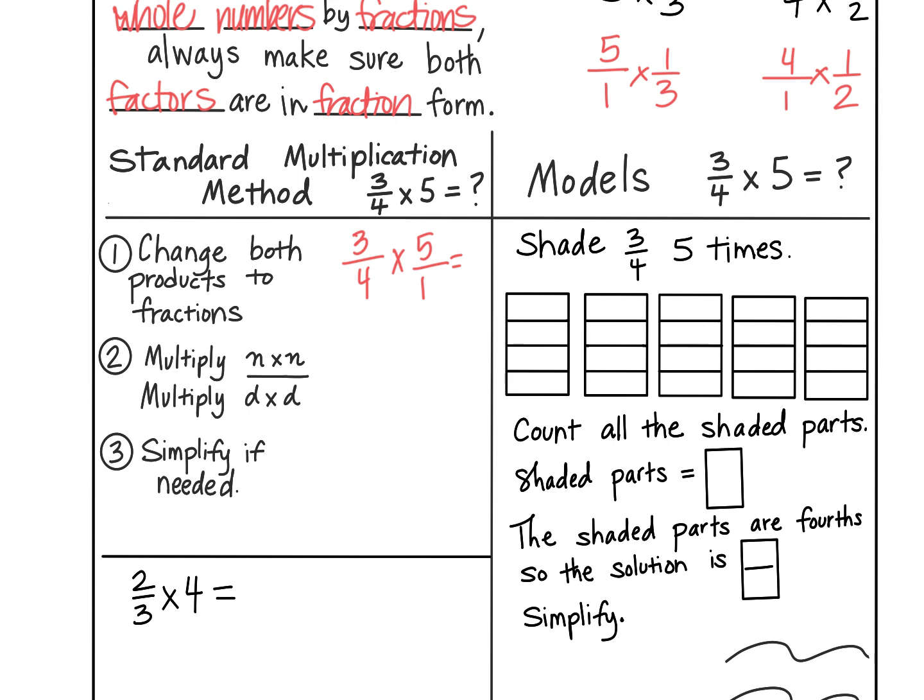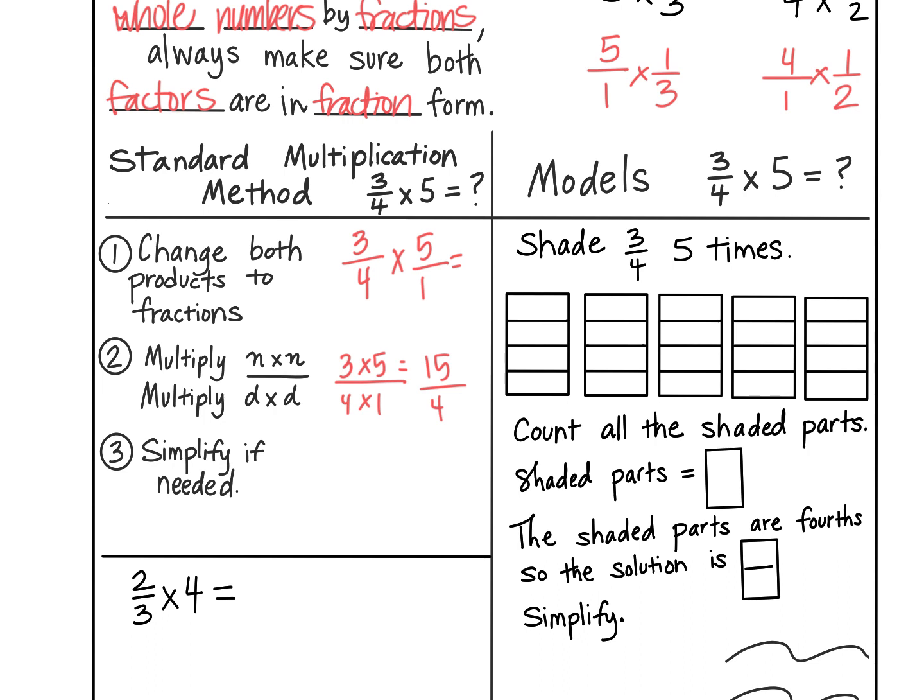I got to rewrite it so that it shows that whole number as a fraction. Now I'm going to do 3 times 5, which gives me 15. And then I'm going to do my denominators, 4 times 1, which is 4.